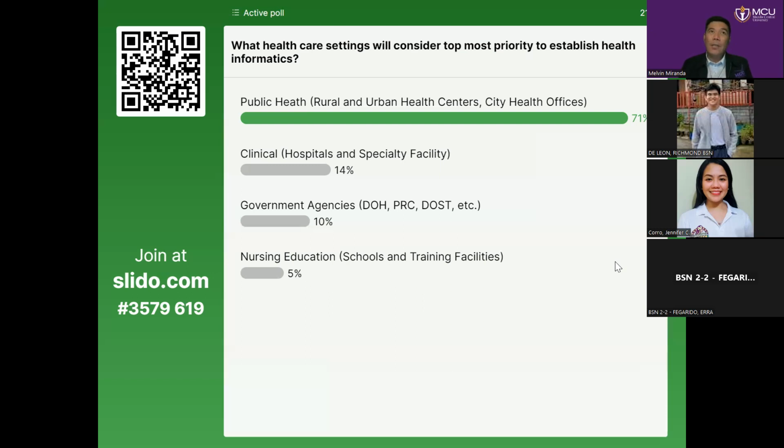But the SSS is a private entity, and I think that is one that I missed as part of the choices. Private agencies also, di ba? Such as the SSS and other agencies that have equal importance also in our healthcare system, processes and procedures.